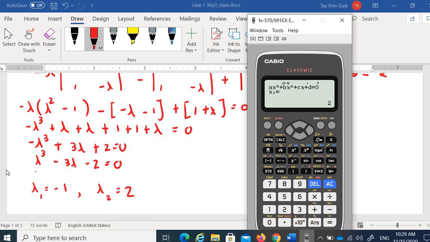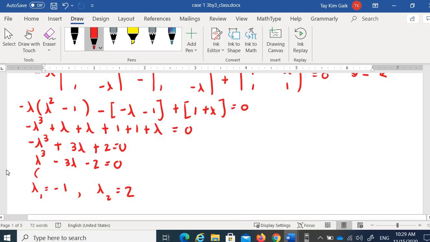So here you have to guess back which one is the repeated eigenvalue. So we have lambda plus 1. The root is negative 1, so it means your factor is lambda plus 1.